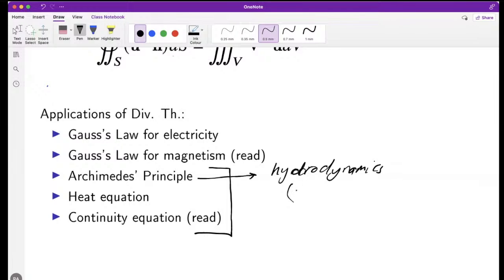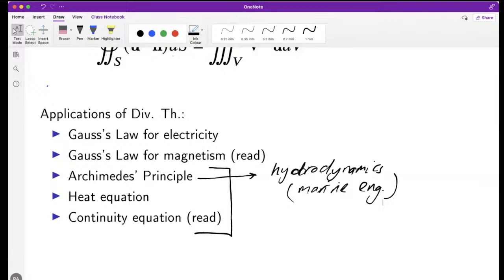So in marine engineering, this is a big part of the study, right? Because it deals with whether your water transport can float or not.